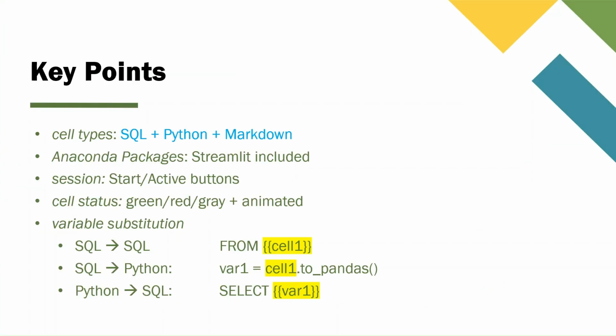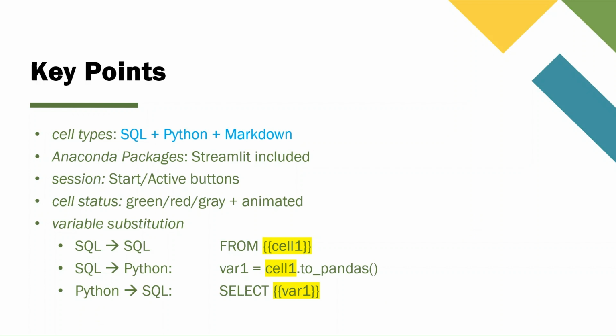As usual, the key points to remember. You have three different cell types in Snowflake Notebooks: SQL, Python, and Markdown. Anaconda packages are packages that are included by default, so you'll still have to reference them. This means to look for them in the packages combo box and to check them.